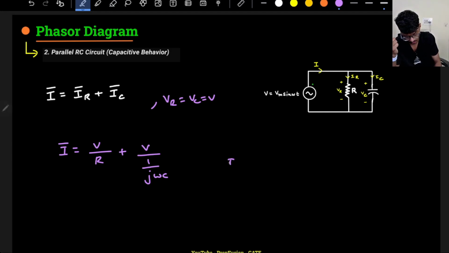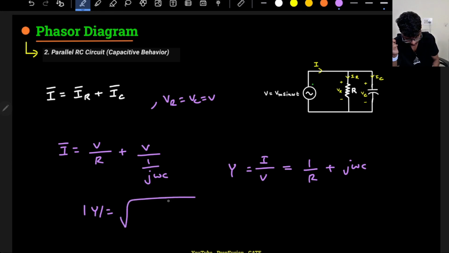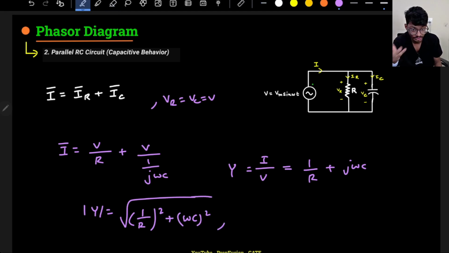So I by V is basically my admittance, which equals 1 by R plus j omega C. So your current leads the voltage. The magnitude of admittance is the square root of (1 by R) whole square plus (omega C) whole square. What is the angle theta y?